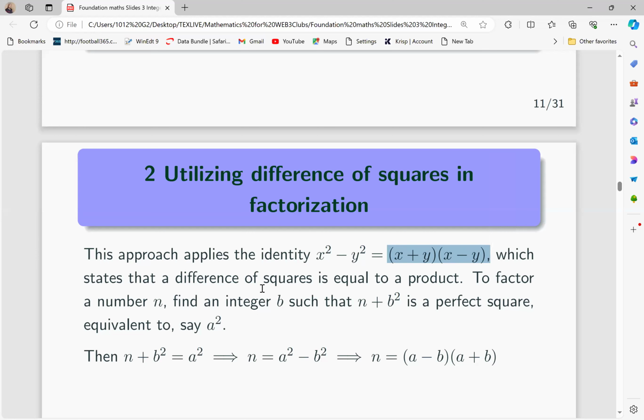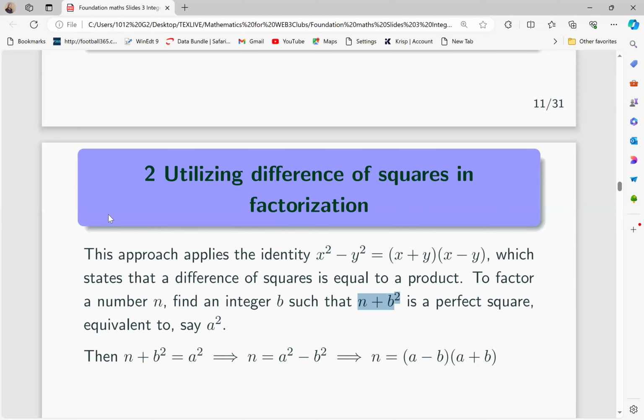So this is the method I'm going to use to factorize integers today. To factor a number n, we'll be finding an integer b such that n plus b squared becomes a perfect square.